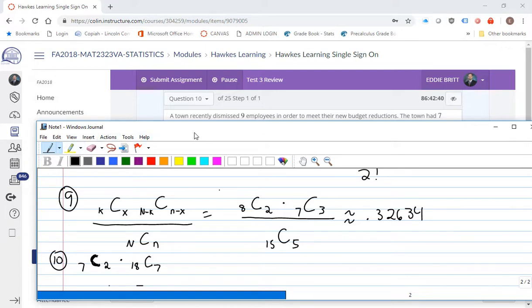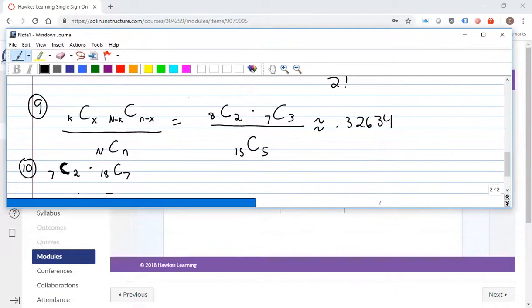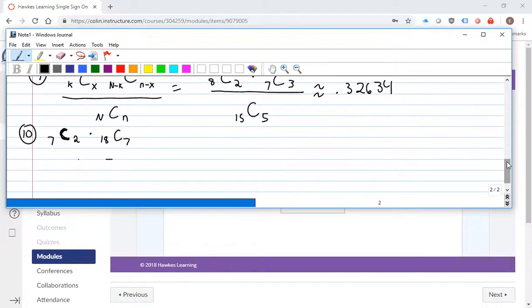And then we divide by the total number, so that's 18 and 7, that was 25. C, and then again, what was little n? How many people did they get rid of? 9.